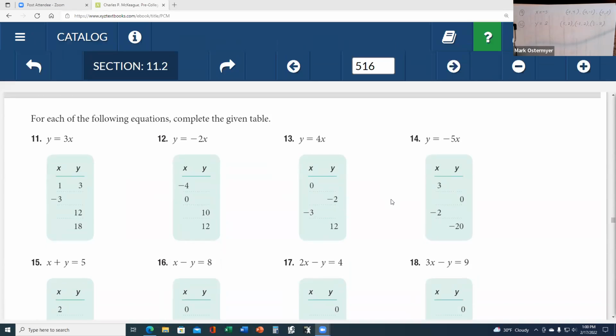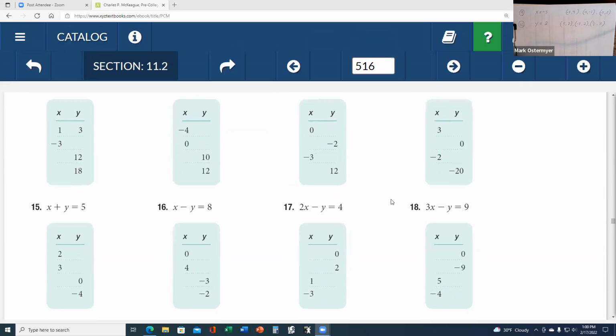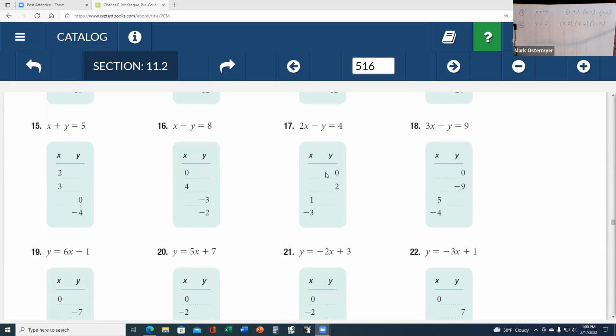Now, ladies and gentlemen, they're going to give us a linear equation, and they want us to complete the table for this linear equation. And this table really is going to have us find ordered pair solutions to the equation as we complete the table here. All right, I'll do one like number 18.